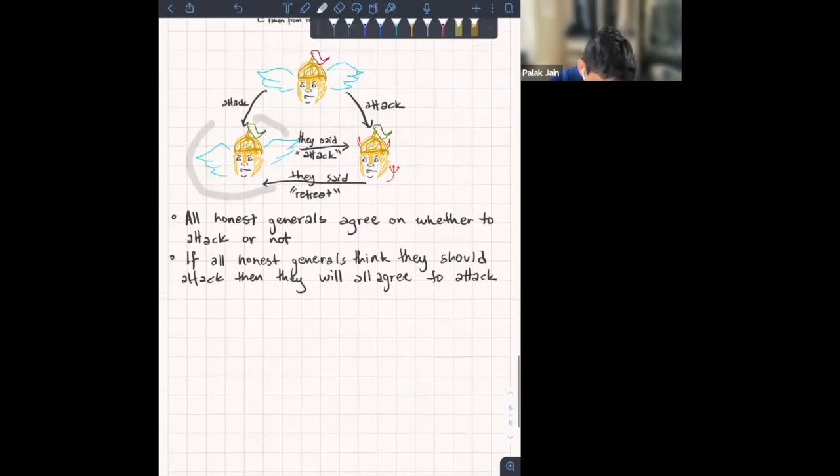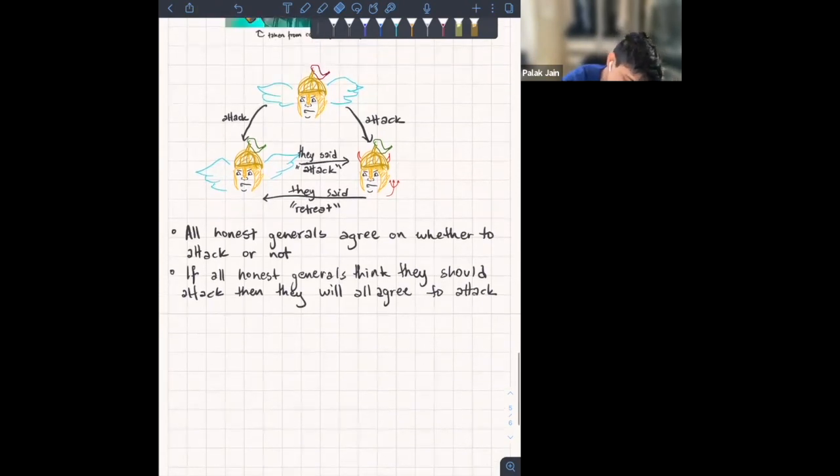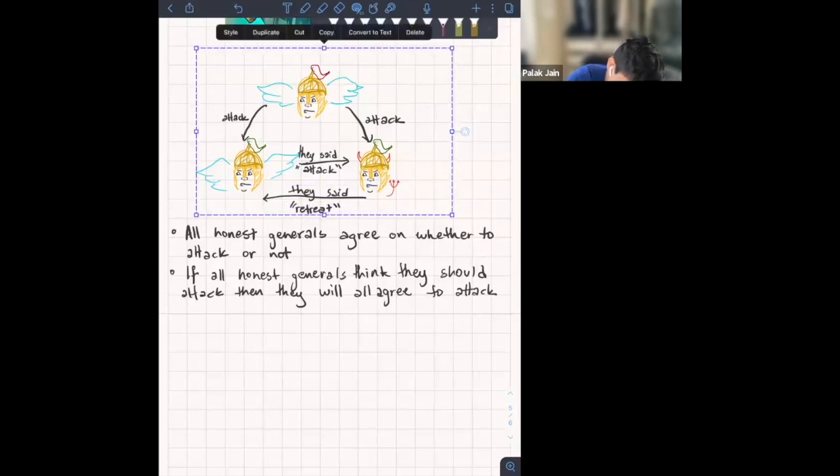And why is this the case, right? So what could be the situation? So here, what we want is that since this party is malicious, we want this party to decide to attack because all honest parties must agree at the end of the protocol, right? And so what could be the situation that the party is worried about, right? What is this general worried about?